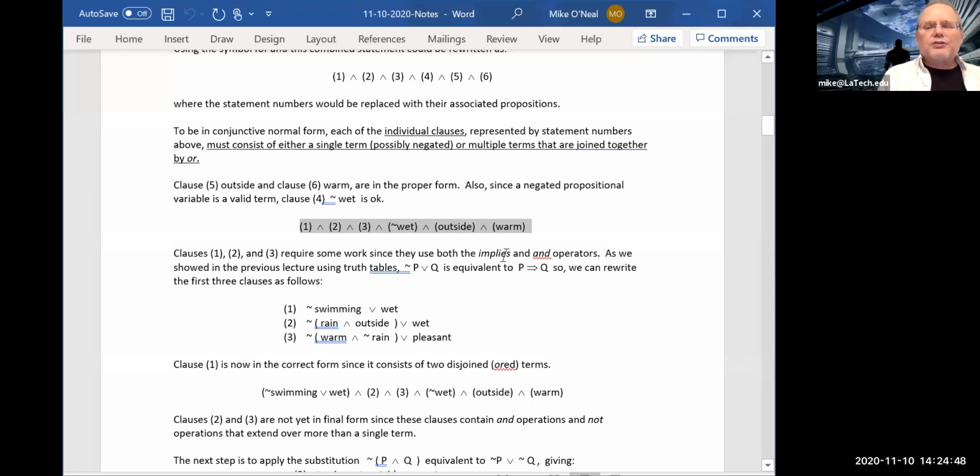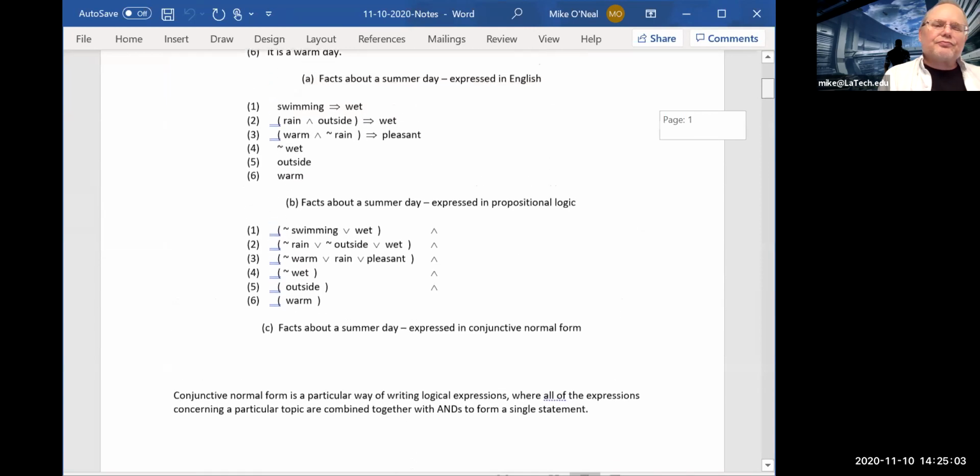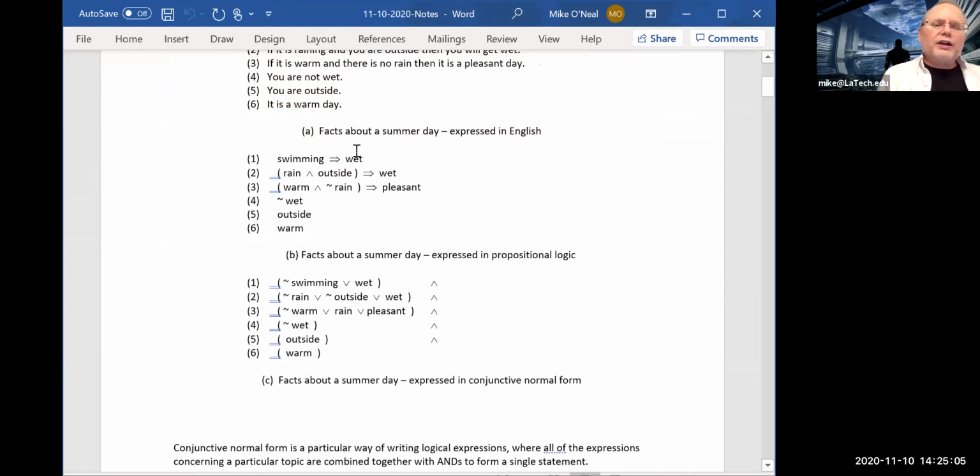Now, what about 1 and 2 and 3? Well, what are 1 and 2 and 3? Actually, they're in a different form up at the top, so let's go back up there. 1 and 2 and 3 are all statements that include implication, right?